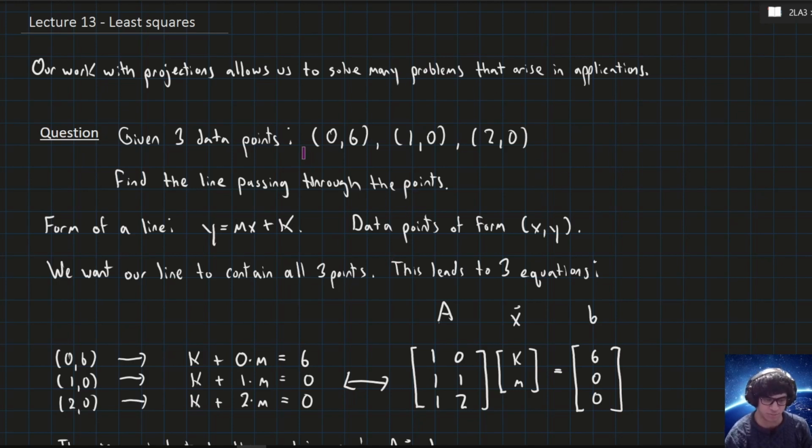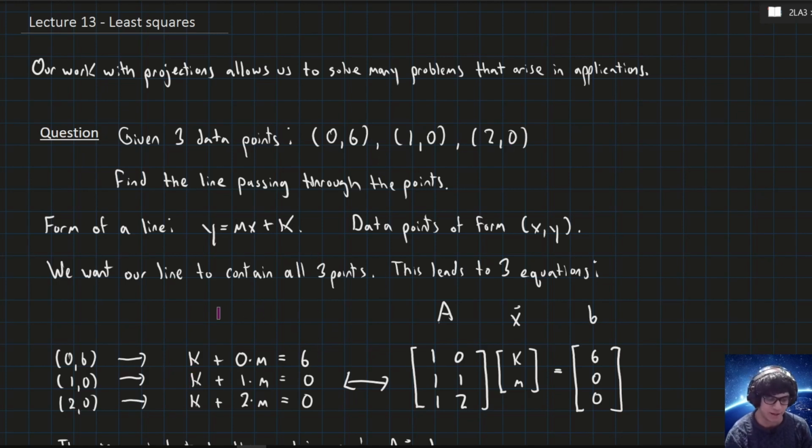We plug each of our data points, x, y, into this equation for our line, and then we get 3 equations that we need to deal with. So we plug in x equals 0, y equals 6 into here, we get this equation. I've put the y on the other side. And we get 2 more equations for the other 2 points.